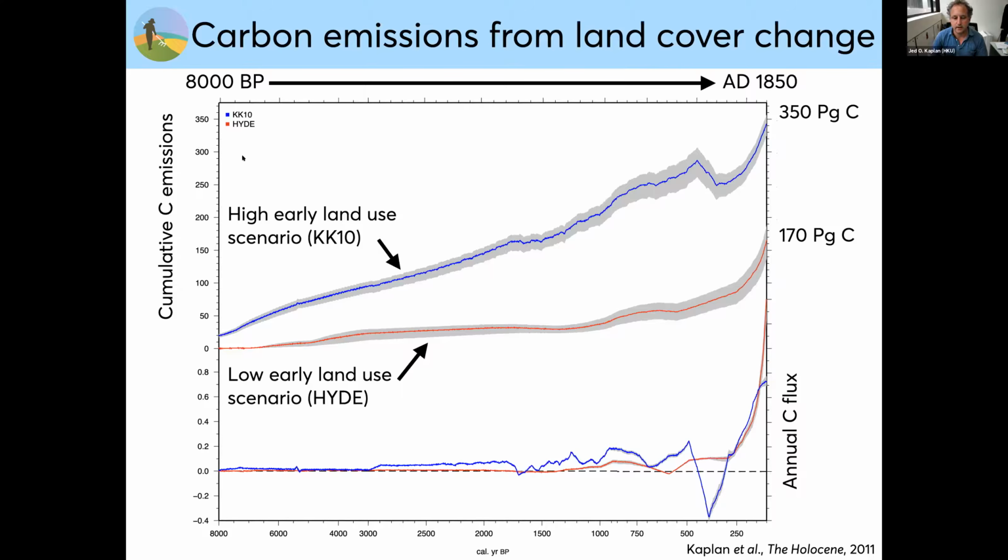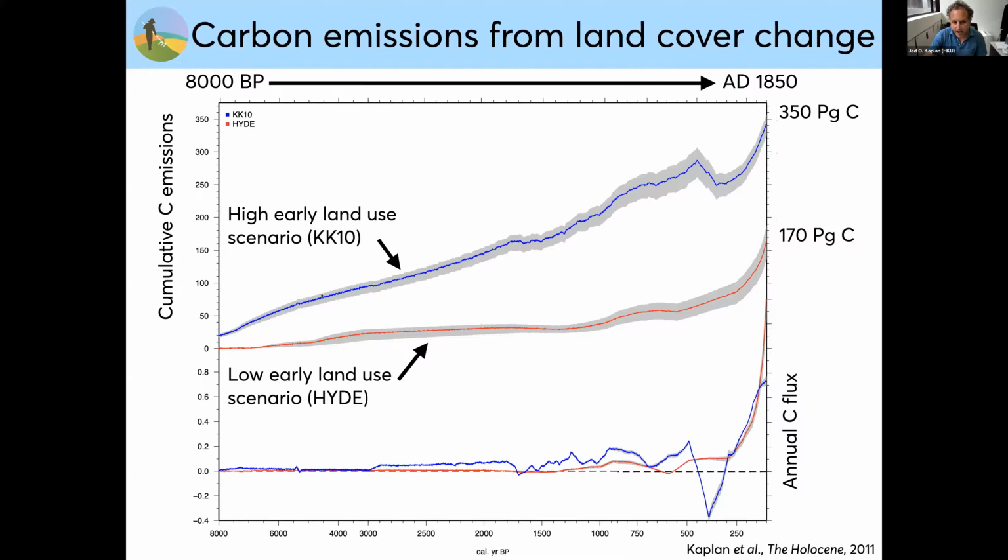And what we see here is that if you use what I call the low early land use scenario, this is the Hyde scenario, over this 8,000 year period, there's the cumulative emission of about 170 petagrams or gigatons of carbon from land to the atmosphere. And most of it comes during the last 500 years or so.